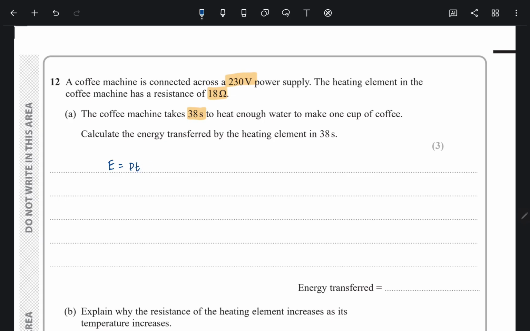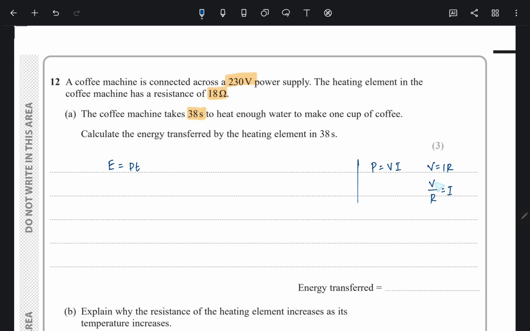But we don't know the power, but we have the voltage and the resistance. The power can be found by multiplying the voltage and the current, but we don't know the current. From V equals IR, current can be written as V by R. That's our current.